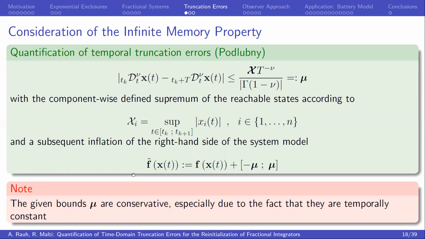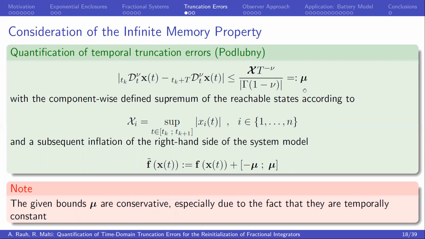A possibility for quantifying temporal truncation errors when shifting the initial point of time, at which the constant past of the evolution of the pseudo-state of a fractional system model was described, to some future point of time, tk plus capital T, is the approach published by Podlubny a few decades ago.